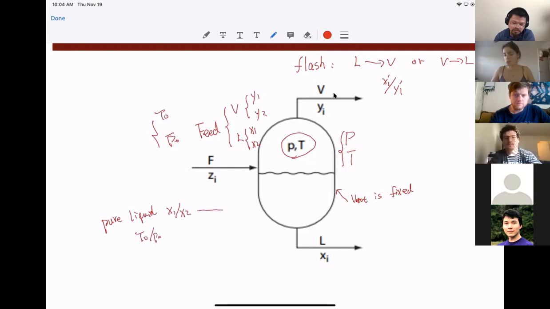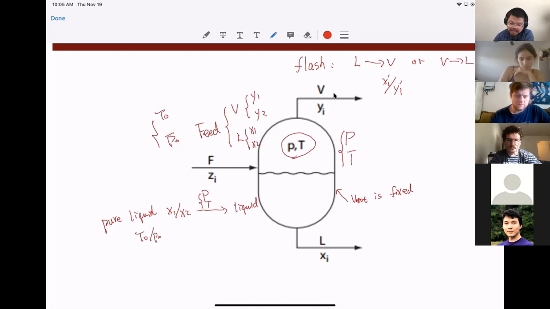So now using this flash calculation, changing the temperature and pressure, I may still have the liquid. That is because, if you recall, we need to satisfy this bubble pressure in order to make the first bubble, right?